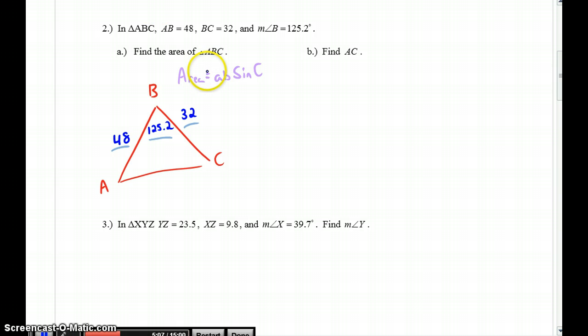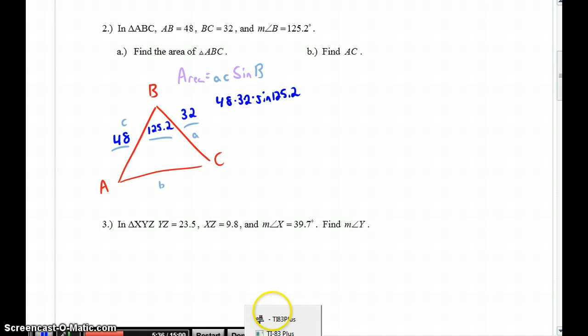So in this case, if we call these sides C, B, and A, we'll use the formula one half AC sine of angle B. That's going to be one half times 48 times 32 times sine of 125.2.